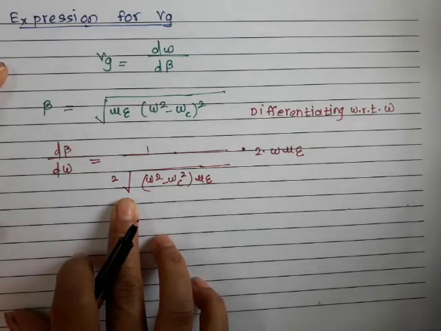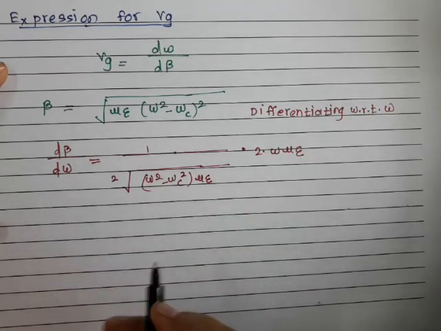Okay, as it is with respect to omega, mu epsilon omega square gives 2 omega mu epsilon. So d beta by d omega.